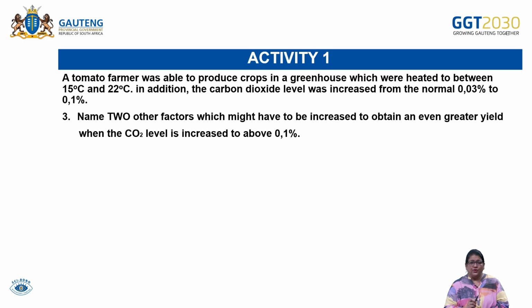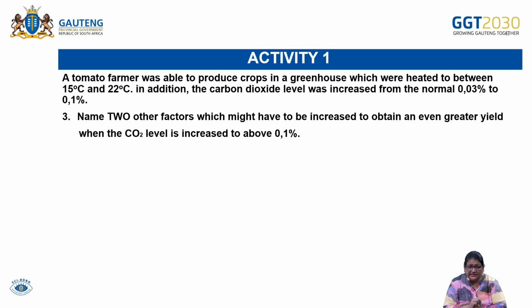Right. Same question again. Same investigation, different questions. Name 2 other factors which might have increased to obtain an even greater yield when the CO2 level is increased to above 0.1. So with this question, you must analyze the question, learners.